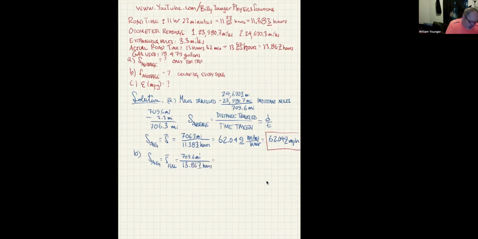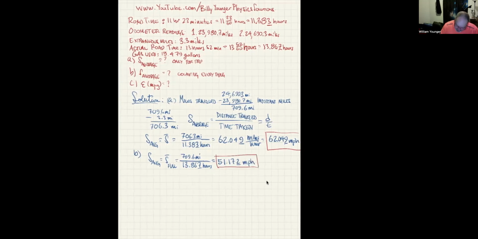So if I do 709.6 divided by 13.867, we get 51.17. That's the actual proper number of sig figs. I'll carry one extra digit. It's a 1 and an 8 after this, so I'm going to call this 2 and underline it and say that's MPH, which you all know is miles per hour.